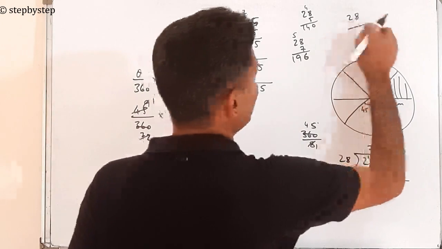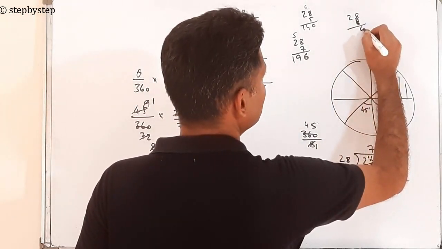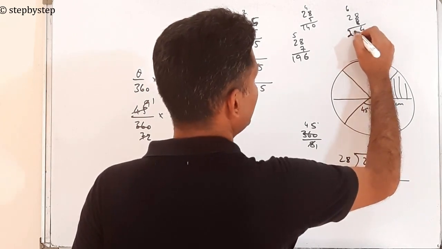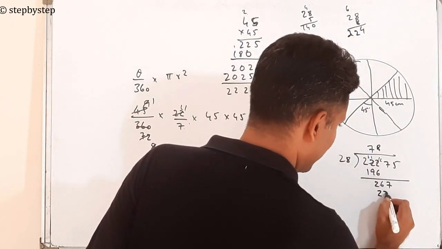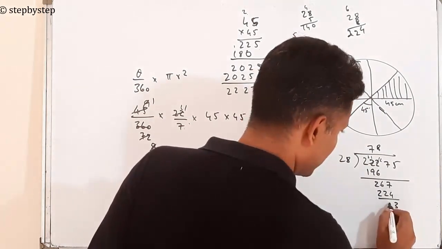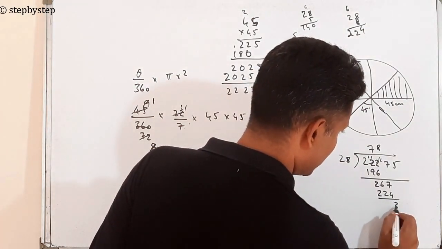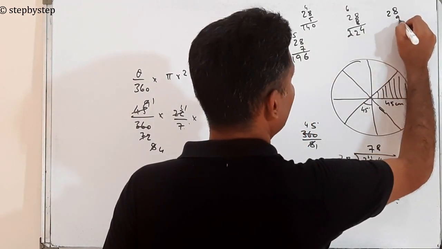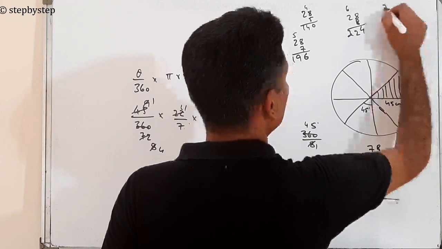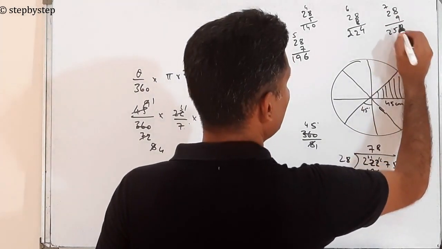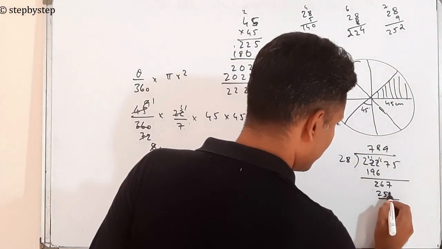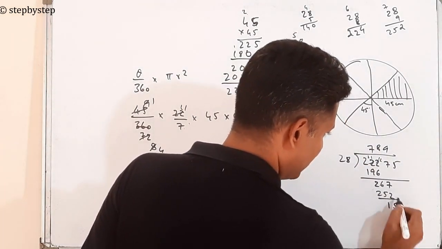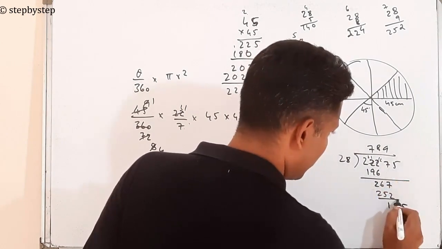Yes. 28 into 9 is 252. So 267 minus 252 leaves 15, and 5 comes down, 155.